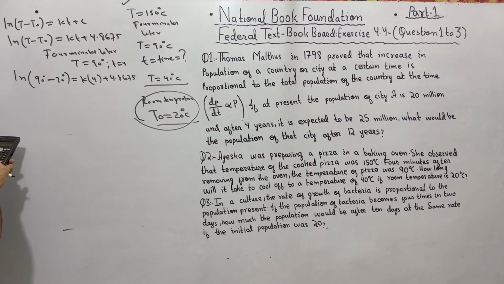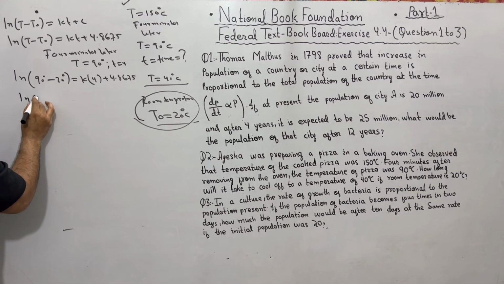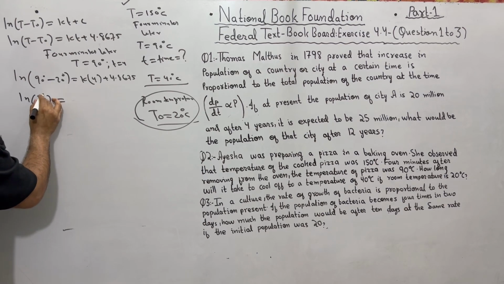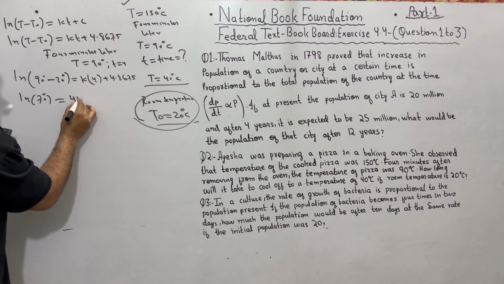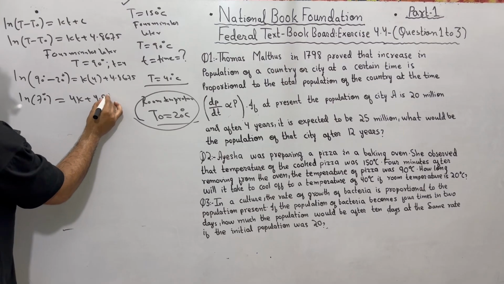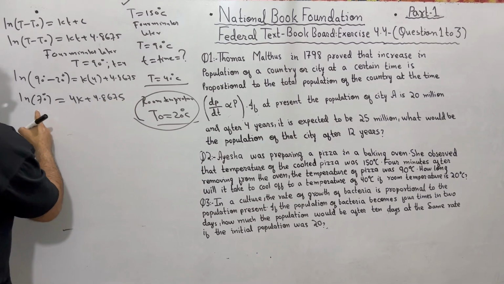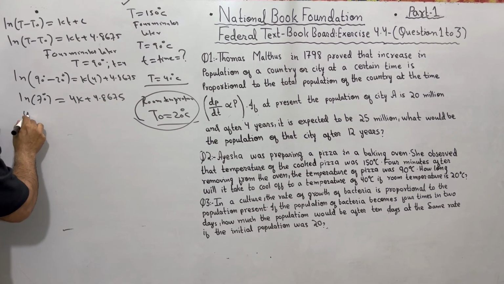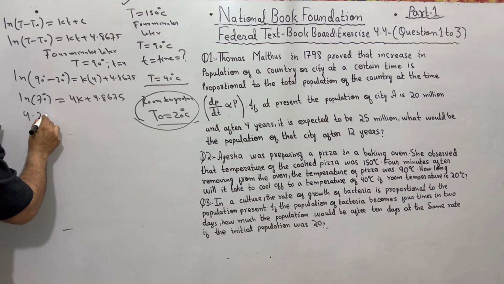What is the value of ln 70? ln 70 is 4.24849. It's enough. So 4.24849 equals 4k plus 4.8675.